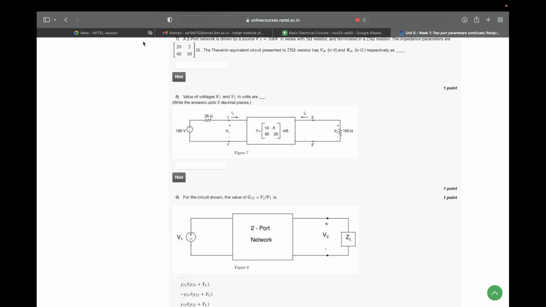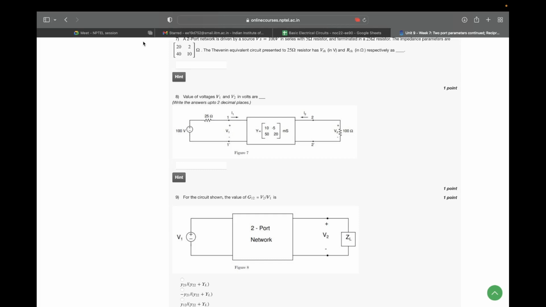Since this current controlled voltage source has a gain of unity, V2 is equal to I1, and so Z21 we get as 1. So the overall Z matrix looks as follows: 5000, minus 20, 1 and 2000. This is how we can solve these kinds of questions.